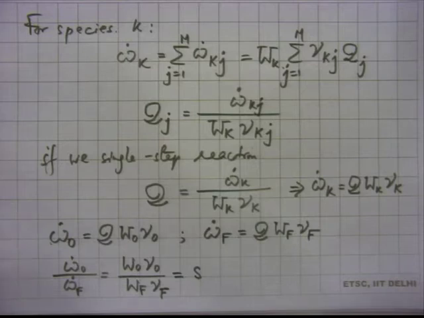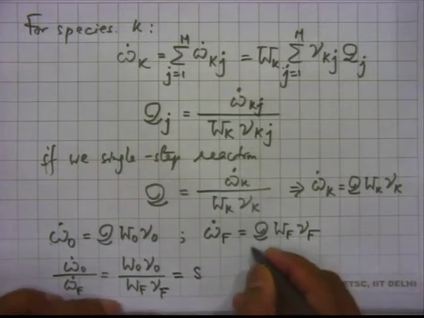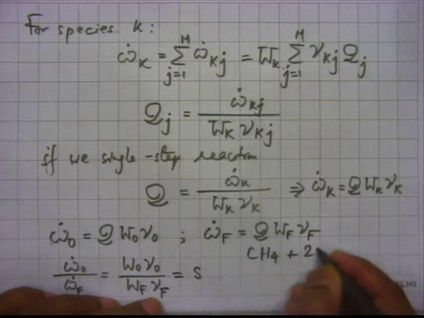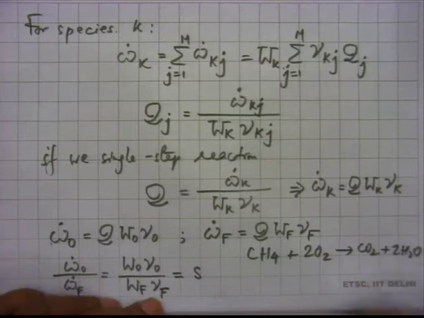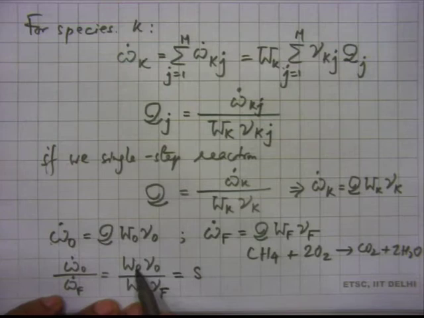Four, right? Okay, very easy. What I was telling you is that if you do CH4 plus 2O2 giving you CO2 plus 2H2O, then this WO is just 32, the molecular weight of oxygen.